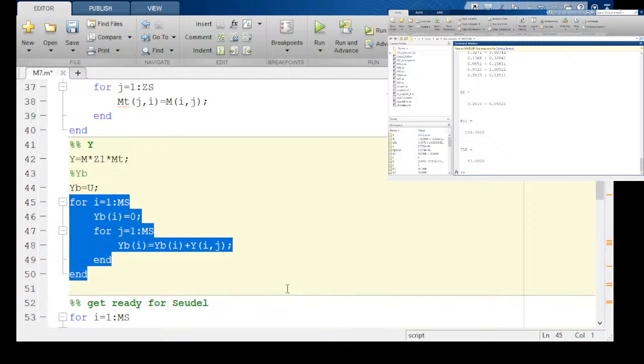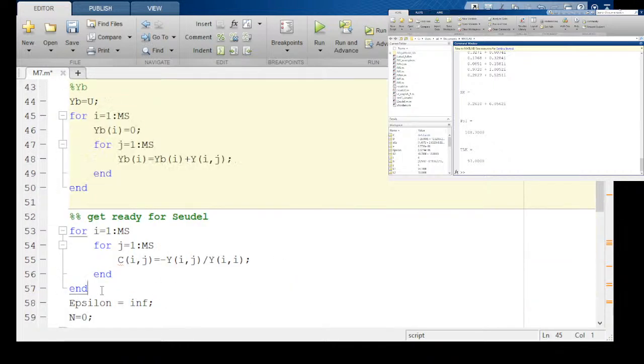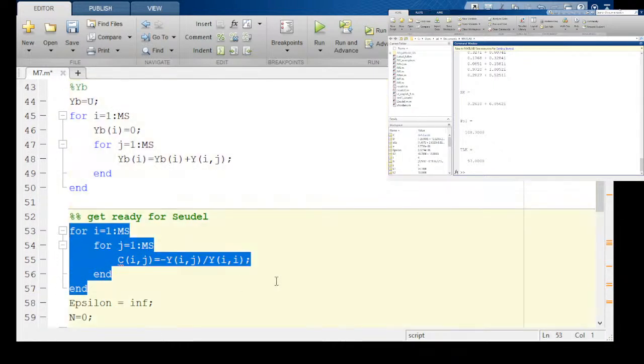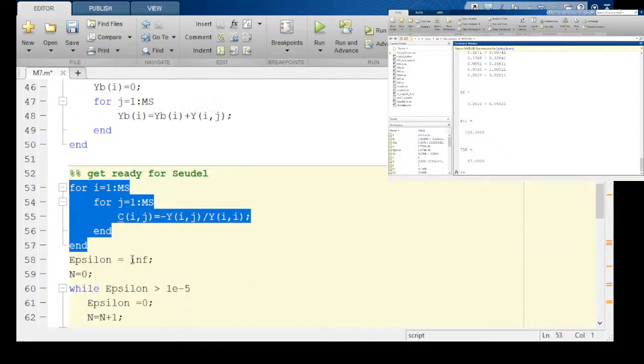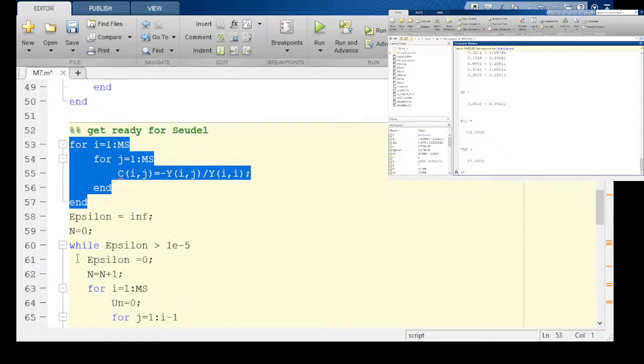This cycle calculates the base node admittance vector as a sum of the nodal admittance matrix rows. I don't need to conduct it myself. This is the classical preparation for the Seidel method, calculation of the C matrix, and precision.